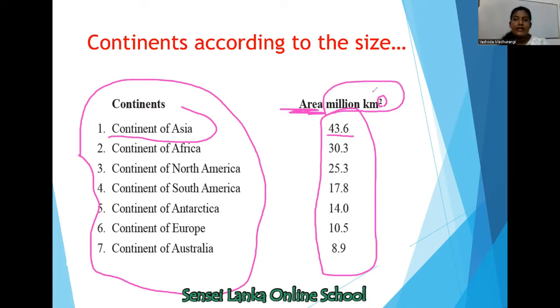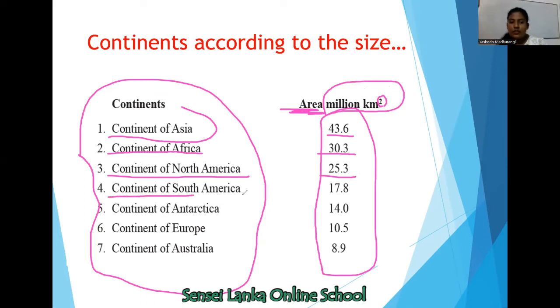Don't forget it is given in millions. Second largest continent is Africa, 30.3. Continent of North America comes as the third largest continent, 25.3 million square kilometers.